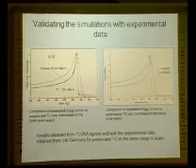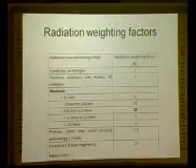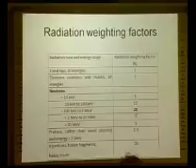Those kinds of fragmentation particles. If you take the radiation weighting factor, you can see that for the neutrons, it's like 20. So the biological hazard from the neutrons is much more compared to the other particles. That's why I chose to study the neutrons.